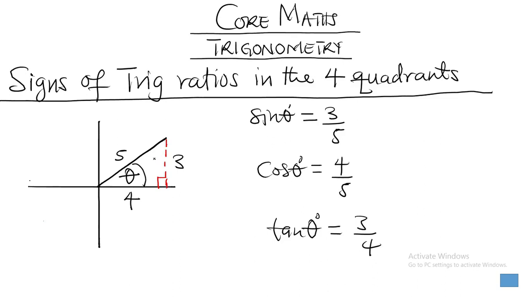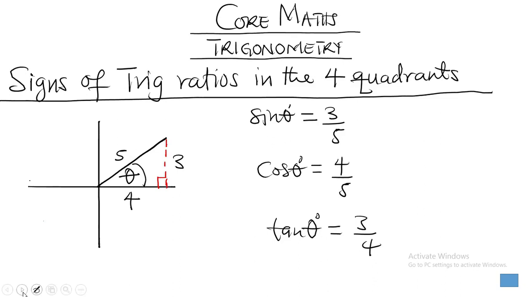In the first quadrant, all the angles are acute angles because they are between 0 degrees and 90 degrees. So take note of that.